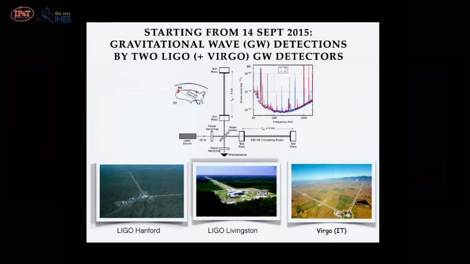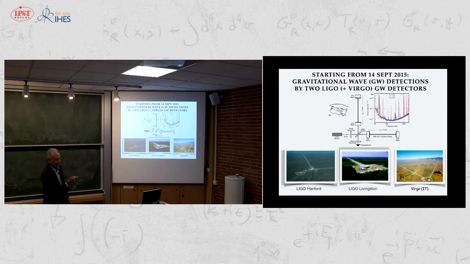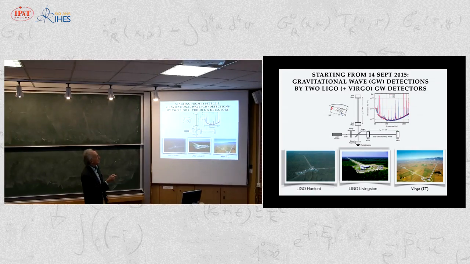So the general framework that I'm talking about is the gravity of binary systems and the motion and radiation of binary black holes. And as you know, this is linked to the beautiful discovery in 2015 of the first gravitational wave signals, initially by the two LIGO detectors.